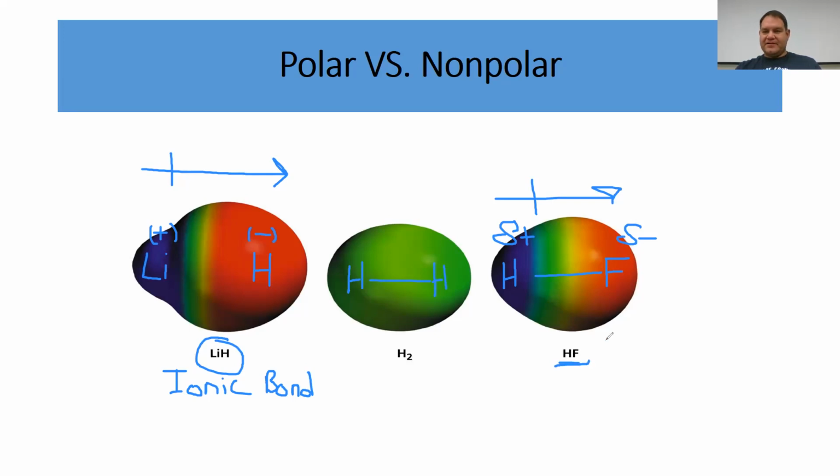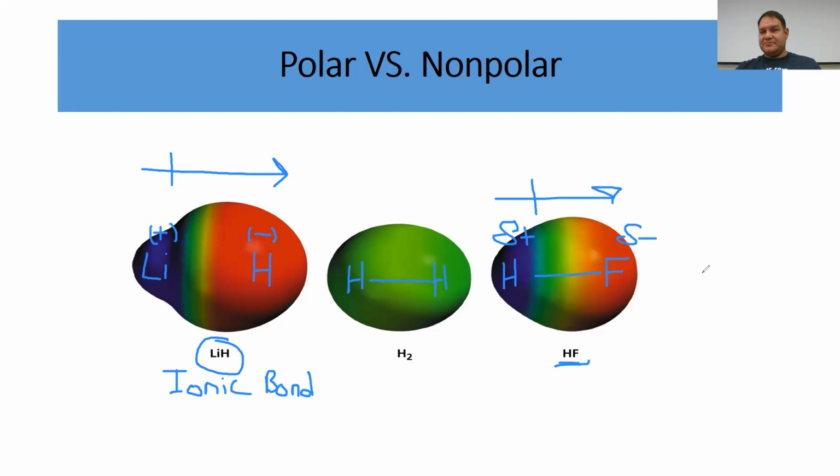Okay. We can also see the egg shape that's not quite as dramatic as with the ionic bond. You can see a very small electron density here and a little bit larger for the hydrogen. And it's blue, but it's not as blue as the lithium is. So it's a little bit better distribution here, as you can see from this egg shape, than it is for the lithium hydride.